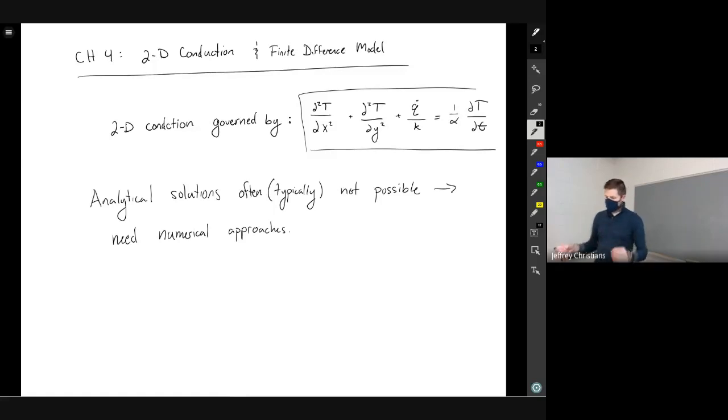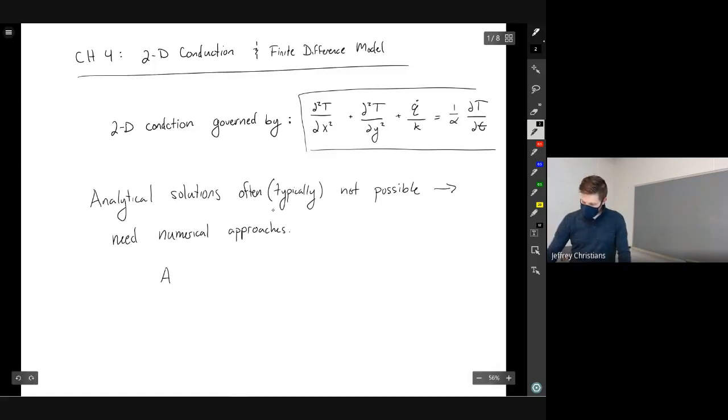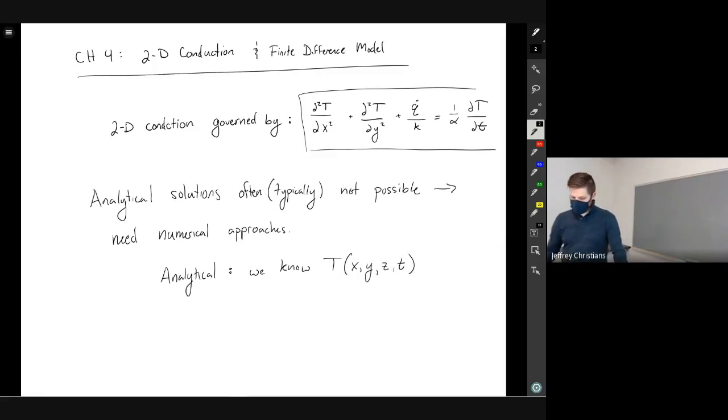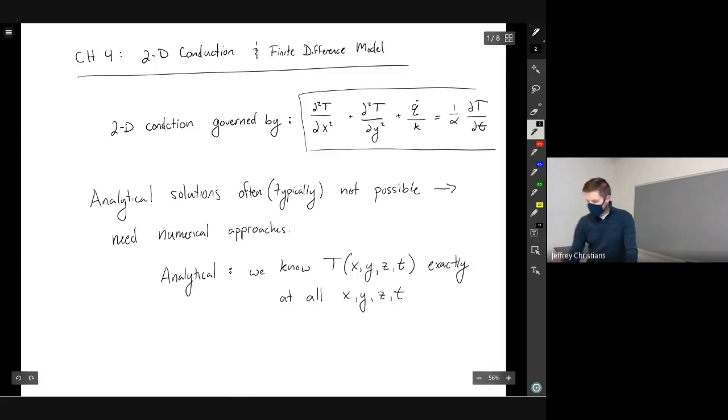So, right, the difference is with an analytical solution, we know temperature of X, Y, Z, time. We know that exactly. Okay, so that's the power of an analytical solution, is we know everything everywhere and we know it exactly.